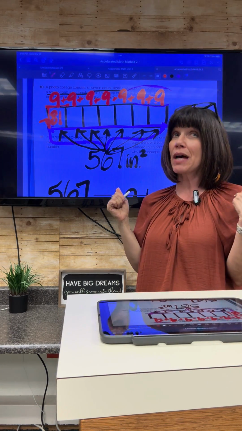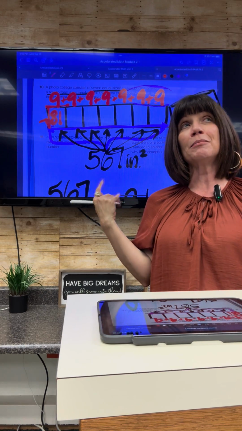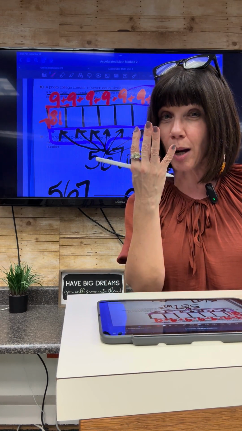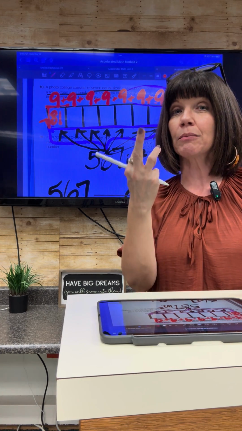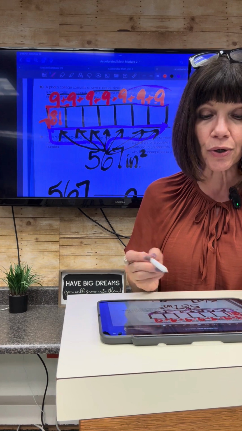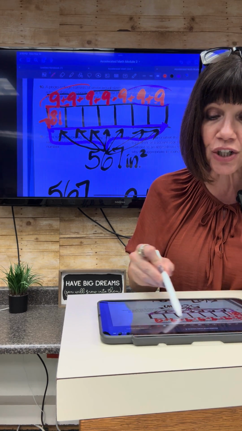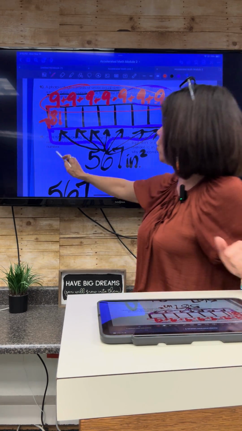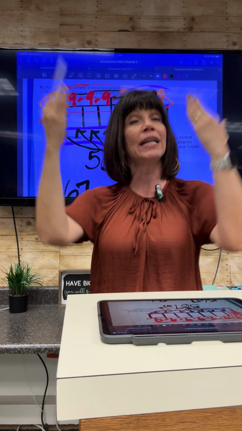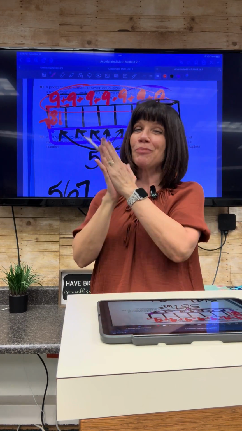I hope you will name that operation. On the count of 3, my hands are going to come down. You are going to say one of the 4 operations: add, subtract, multiply, or divide. Do you get what I'm asking you for? What can I do with my information here to find the total length that they have been asking for this whole time? 1, 2, 3. Multiply. I love that answer, multiply.